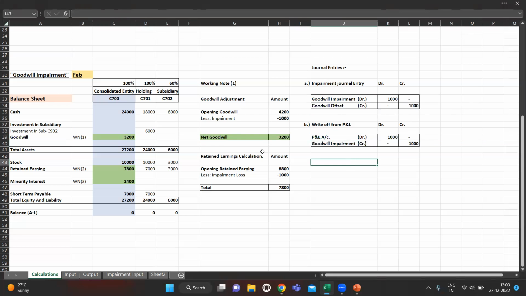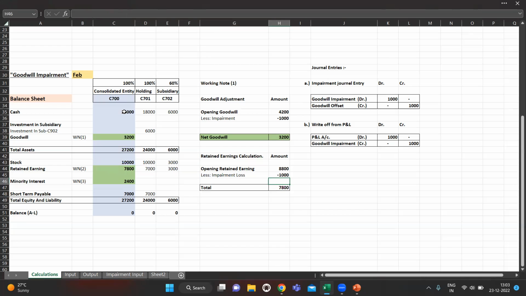Okay, so as you can see, all other things will be same as previous ones, but goodwill will come as 3200, with the negative 1000 in that, and stock will come as same. And as we have decreased the goodwill, the retained earning will get decreased by 1000.